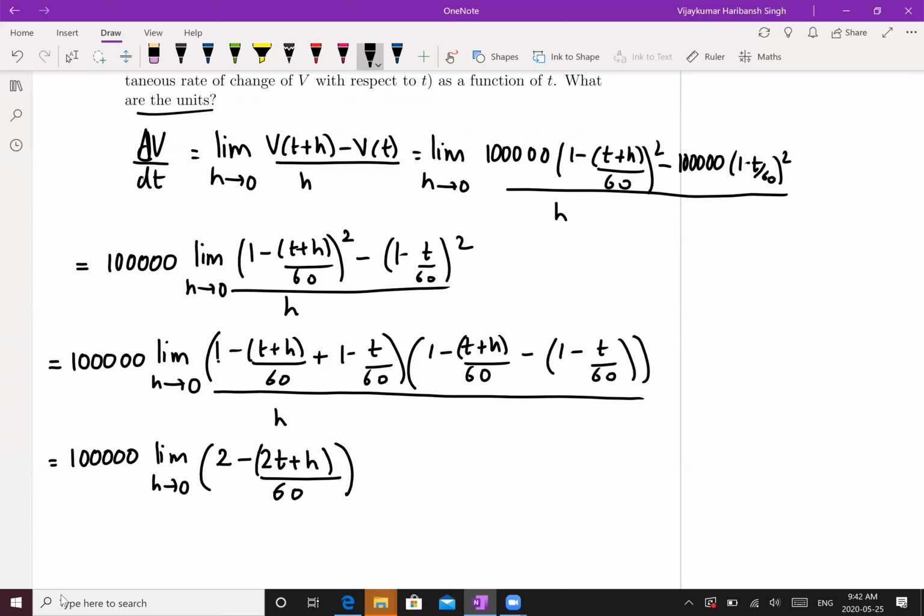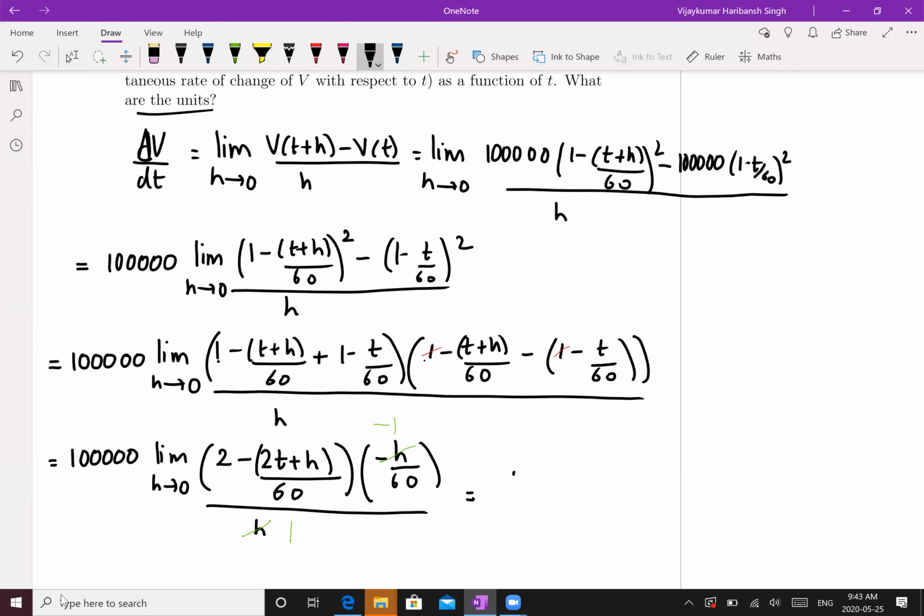And for the remaining part, you have minus 1 will cancel. Minus t will cancel. You'll be left with minus h by 60, the whole divided by this h. So this h and this h will cancel out. So this h goes 1 time, this goes minus 1 times. And now you let h go to 0.